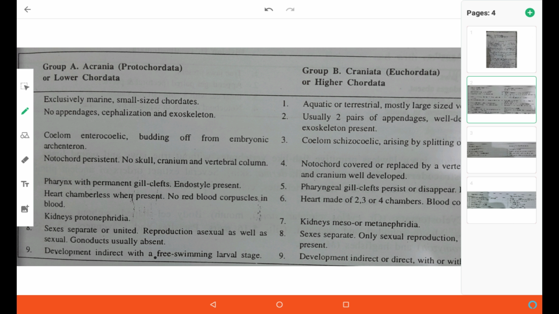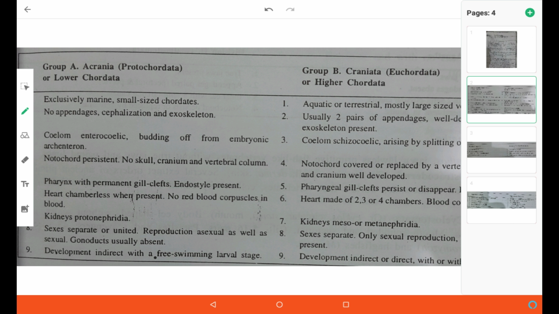No appendages, cephalization, and exoskeleton were seen in protochordata. You can recall cephalochordates in your memory, that they did not bear any appendages, nor do they have cephalization and presence of exoskeleton, whereas paired appendages appeared in craniates, and they have very well developed exoskeleton also.